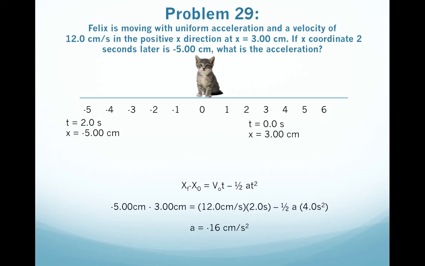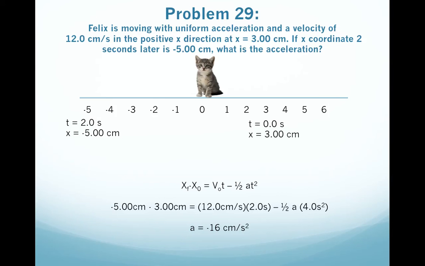I started this problem by first declaring that at t equals 0 seconds, Felix is at position x equals 3 centimeters, and at t equals 2 seconds, Felix is at position x equals negative 5 centimeters. We are also given that the initial velocity is 12 centimeters per second.